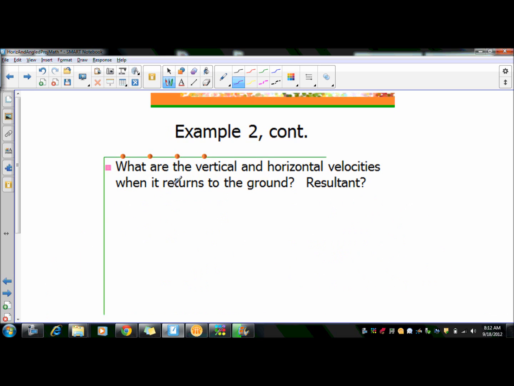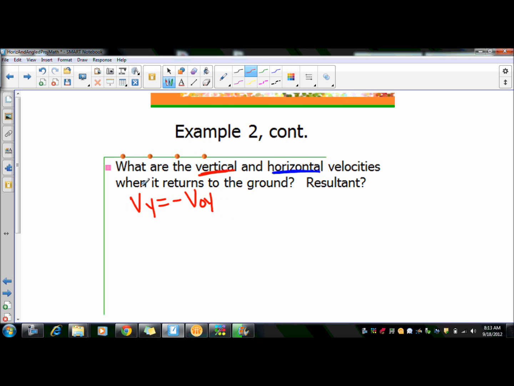So now let's see what happens whenever it hits the ground. Whenever it hits the ground, we're going to have a triangle now, right? Because we have a vertical component and we have a horizontal component. The vertical component, we said when it returns to the ground, make sure I use my right colors, our Vy is equal to the negative of our initial in the vertical.